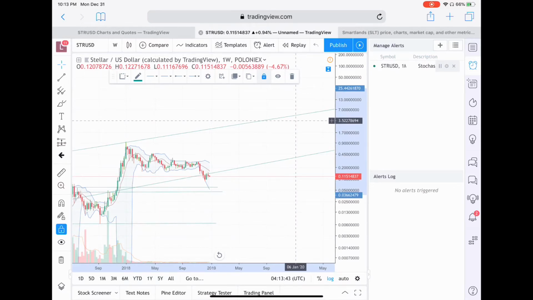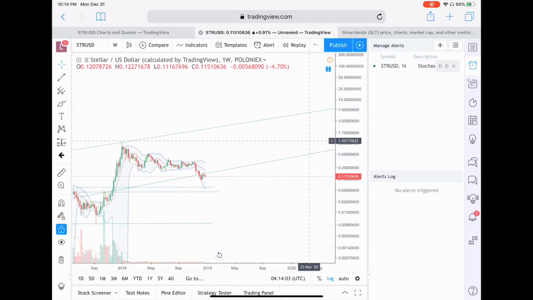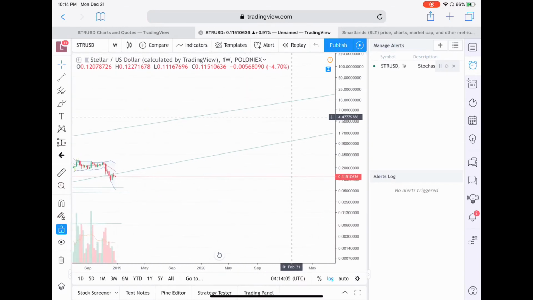So January 2020, even from July 2019 to January 2020, I believe we're going to hit $3. Specifically $3.36. That's where my prediction is at, and then we're always going to revert back down, a little bit of a correction, and then we're going to keep going, bouncing through this channel.